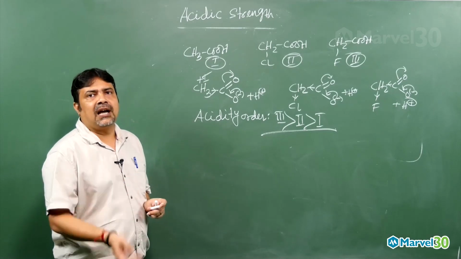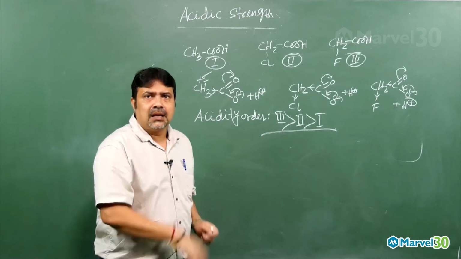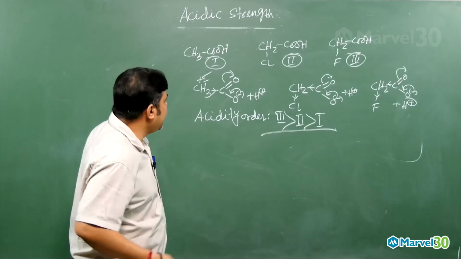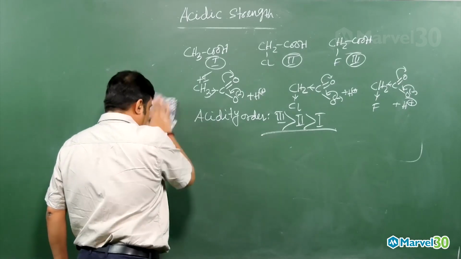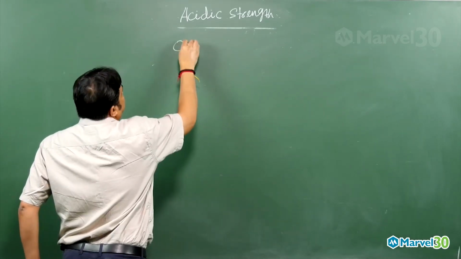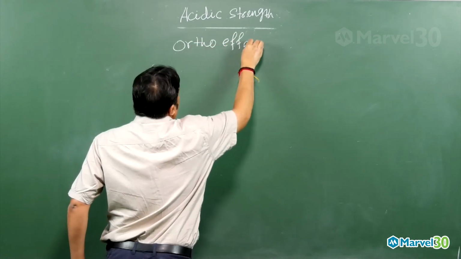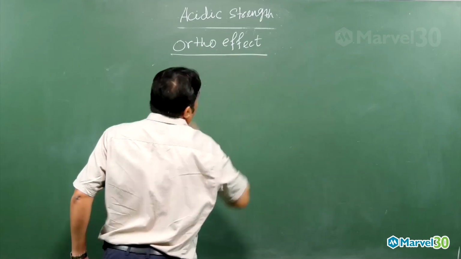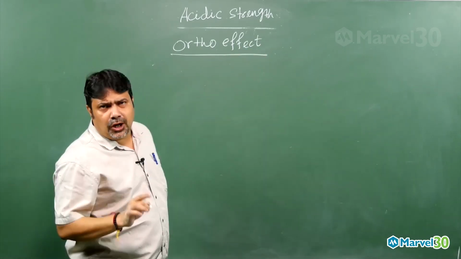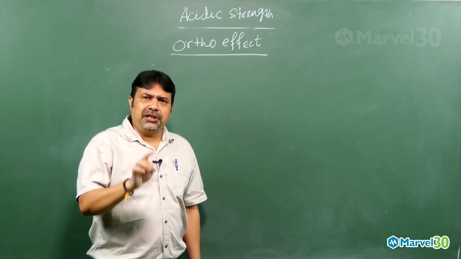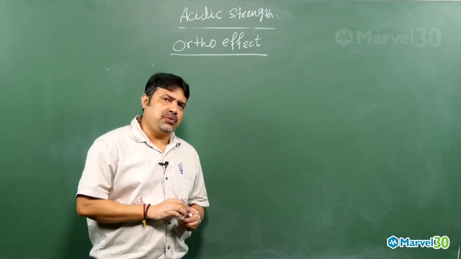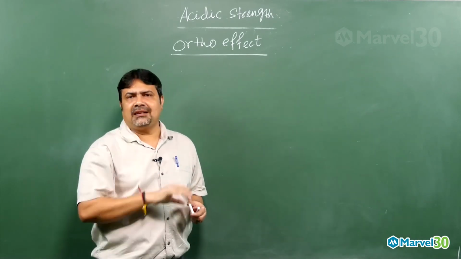Now I am going to give one very important example of the ortho effect, which will determine the acidic strength. Focus on the ortho effect. The ortho effect only operates in an aromatic system when there is a COOH, that means in a benzoic acid system.